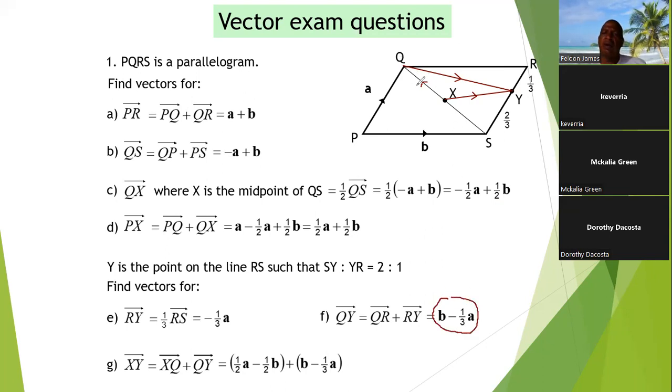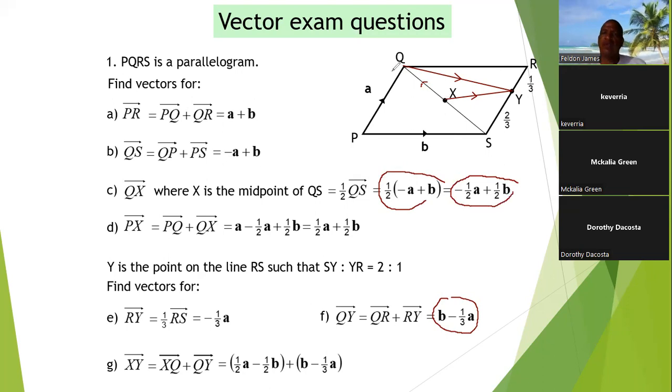Now, if we are going X to Q, remember Q to X, where is Q to X? Q to X would be this, or this. This is Q to X.